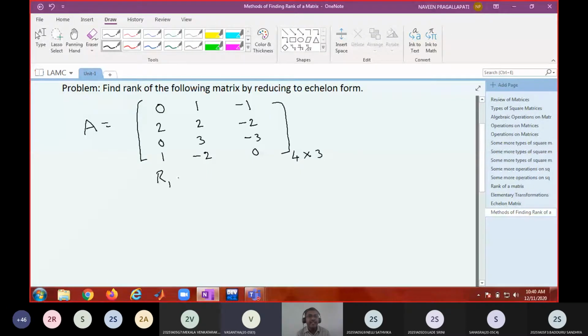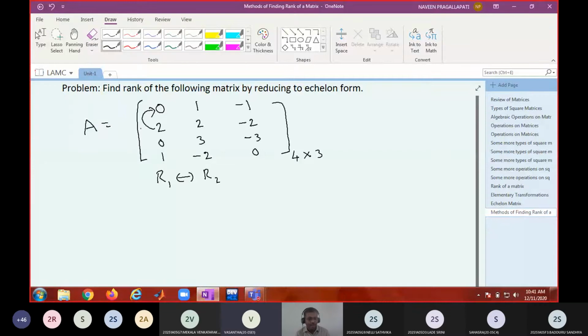If you are interchanging first row with the second row, what happens? This two will go to here, no? I'm yet to complete the procedure. I'm just telling the procedure step by step.